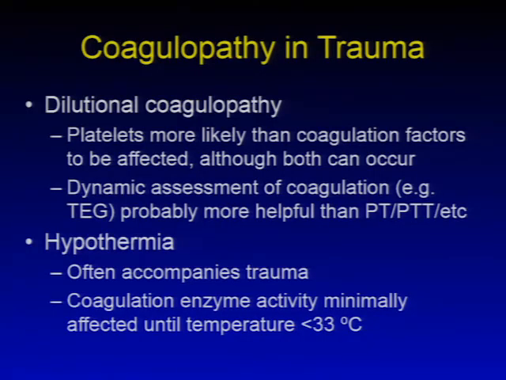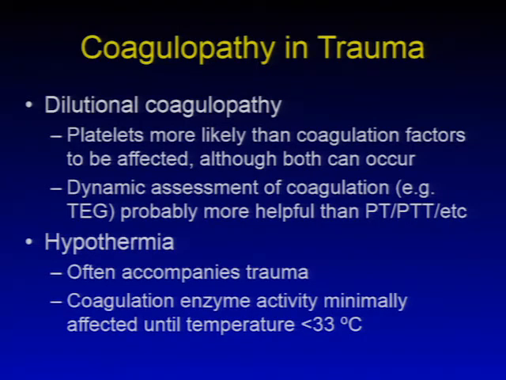Now, in trauma, there can also be a dilutional component to the coagulopathy. Platelets are more likely to be affected, but any of the coagulation factors can be affected if they're diluted far enough. And this is where a dynamic assessment of coagulation becomes very helpful.